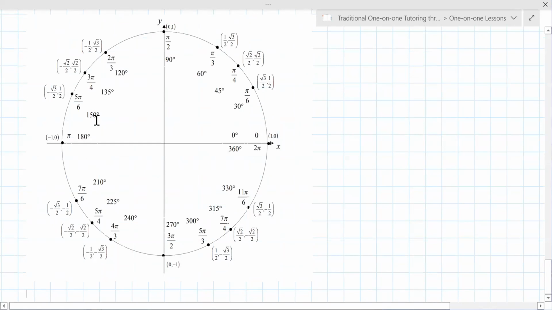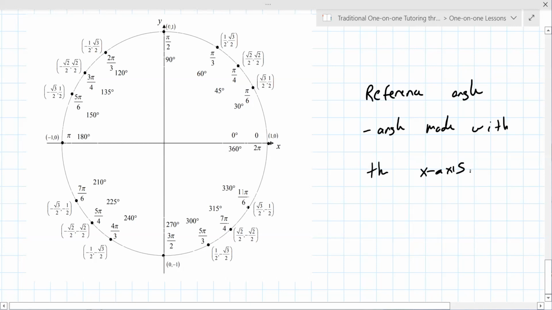You definitely don't want to do that, but I'm going to show you a shortcut here. The first shortcut is that we need to know how to find what's called the reference angle. The reference angle is the angle made with the x-axis. There's tons of videos on these online, so I'll just briefly cover this, and then we can move on to another topic, or we can spend more time, up to you.